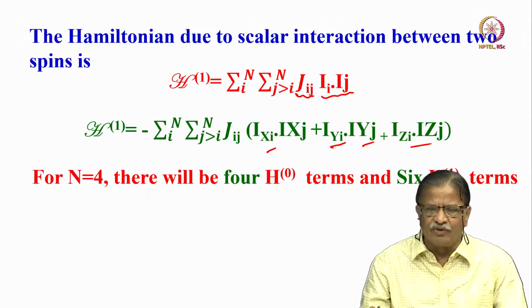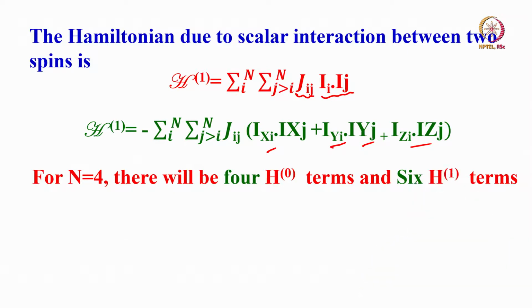Now, for n equal to 4, how many terms can you think of? Let us think of 4 nuclear spins interacting. For n equal to 4, we have 4 H0 terms because each nucleus will have a different Zeeman interaction term. Now, interactions among themselves there could be many. For example, if I consider 4 nuclei 1, 2, 3 and 4, 1 can interact with 2, 1 can interact with 3 and 4.